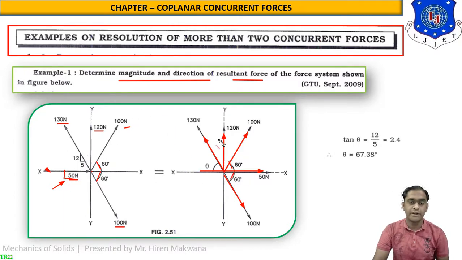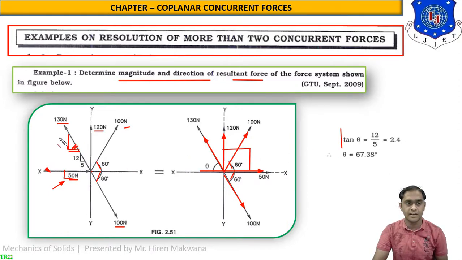But now the 120 is on the y-axis, so it is making 90 degree with the x-axis. For the 130 Newton force, the slope is given to you. The slope is 12 by 5, as you can remember from mathematics. This inside angle of the triangle is theta, which can be found with the help of tan theta. Tan theta is opposite upon adjacent.